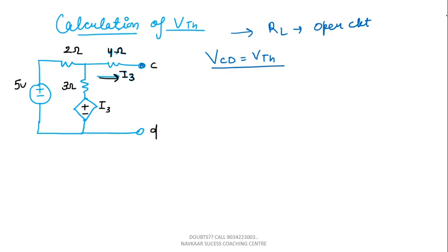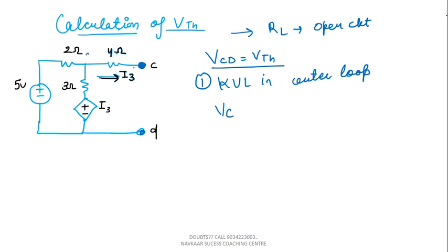Just imagine you are standing at the C position and you need to move down to D. As you can see, there is no direct connection between C and D, so you need to move down like that. So we have to apply KVL in the outer loop. First step is to apply KVL in the outer loop. You are standing at C, so here the potential would be VC.